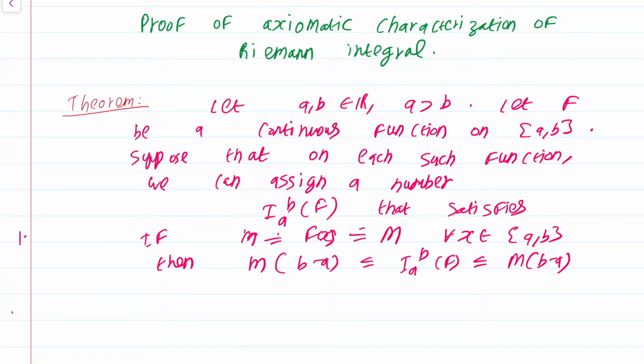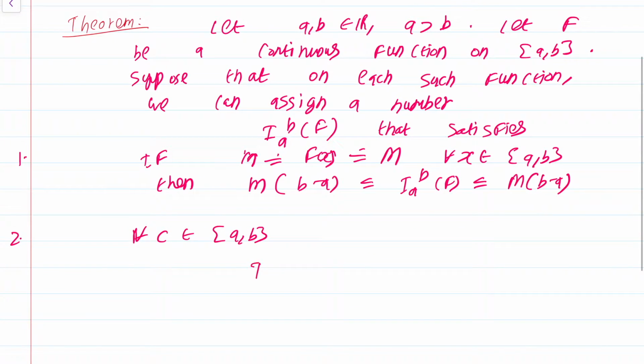And property 2: for all c in the closed interval [a,b], I_ab of f is nothing but I_ac of f plus I_cb of f.